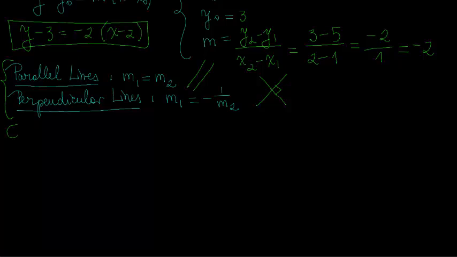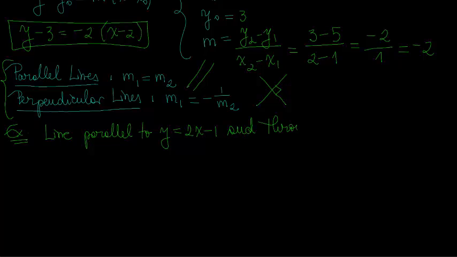So let's look at an example now. Let's say that we want to find the equation of the line that is parallel to the line y is 2x minus 1 and goes through the point of coordinates (1, 5).